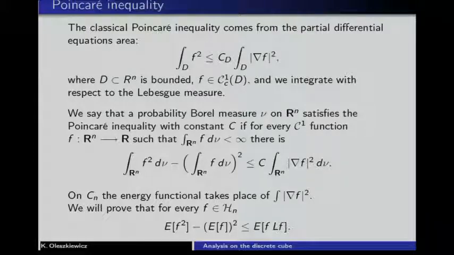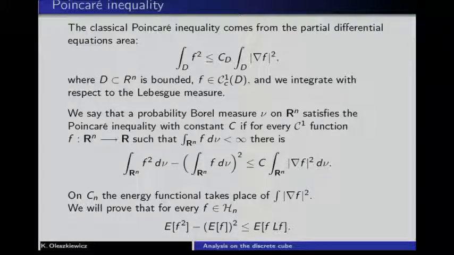Okay. So now, on the discrete cube, we can replace Rn by the discrete cube, and instead of the integrated squared gradient, we can take our discrete gradient. Let me just remind you that our energy functional looked like that. If f is equal to g, the energy of a function f can be viewed as the sum of the squared gradients.